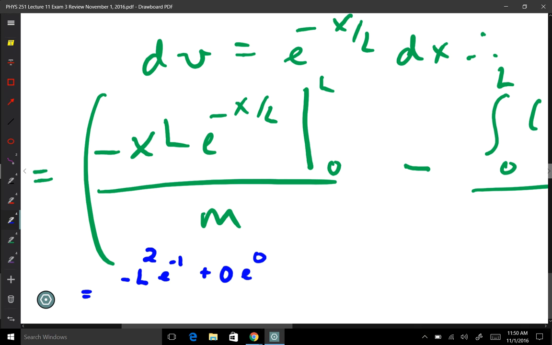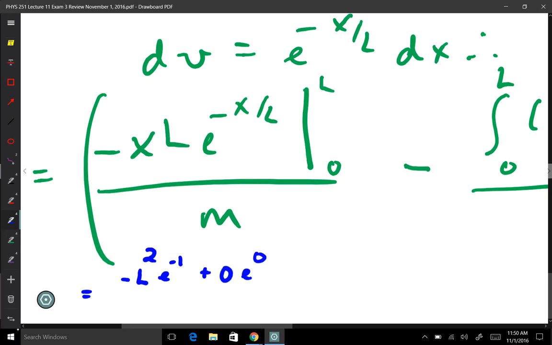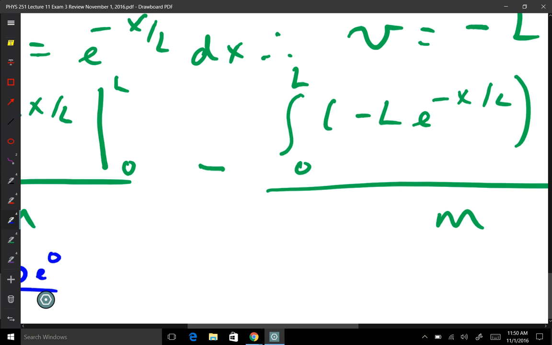Because e to the 0 is not infinite, so we don't have a problem with L'Hopital's rule. So there's my first one. Then minus the integral over m. And that integral is going to have another multiplied by minus L. So a plus L squared.